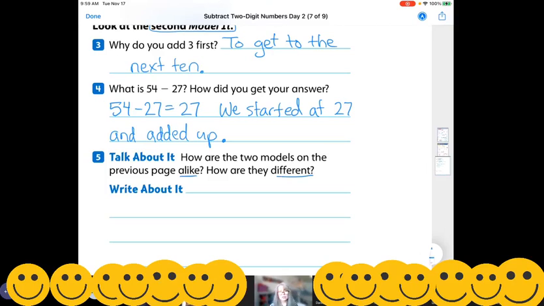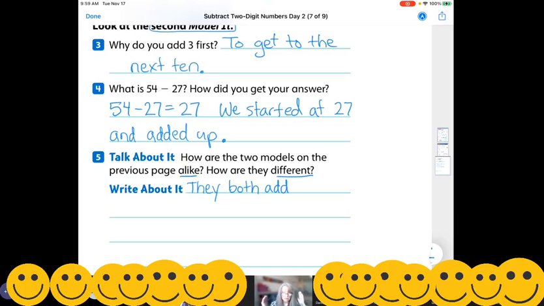I know that they're alike because they both add those same 3 numbers, right? So I'm going to say they both add, remember the 3 numbers, and if you don't remember those 3 numbers, just look at that page and see what we put in the rectangle, or look above both of those number lines.